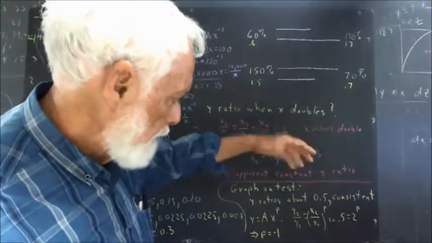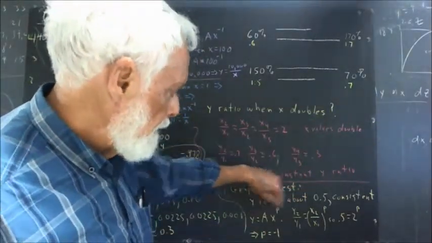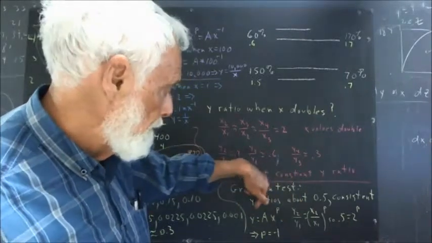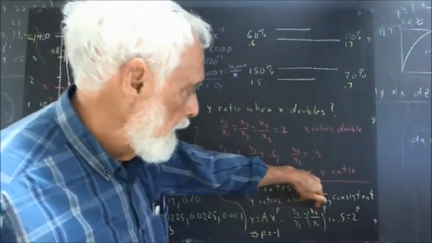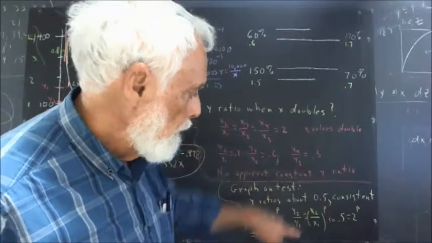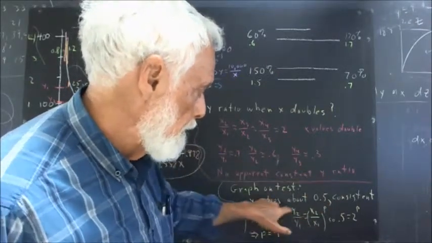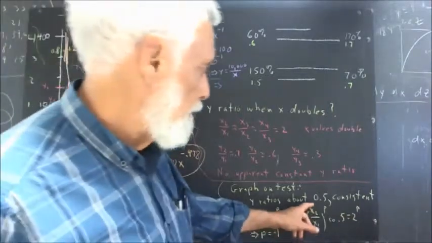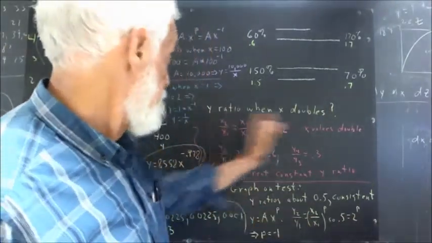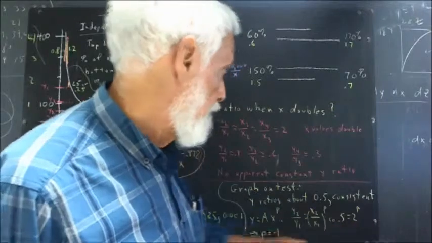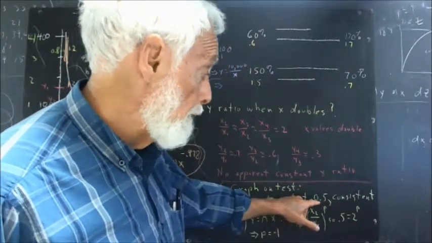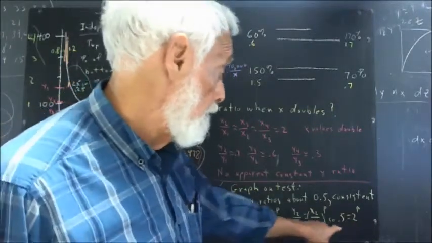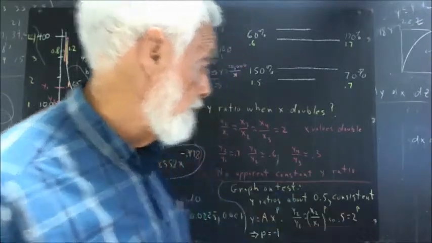So I'm not going to go into as much detail, but this means that y2 over y1 would be equal to x2 over x1 to the p, where y1 is the value that goes with x1, y2 is the value that goes with x2. Now, the ratio x2 over x1 for these points is always 2. If the y ratio is always 0.5, we conclude that 0.5 equals 2 to the p.